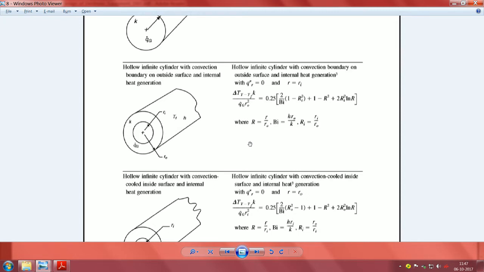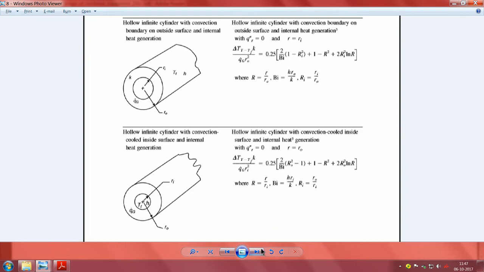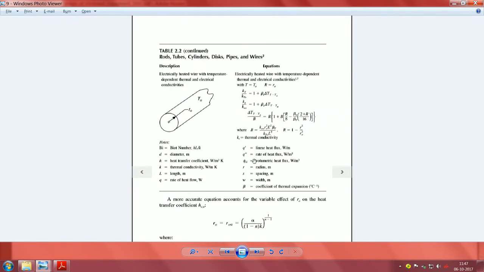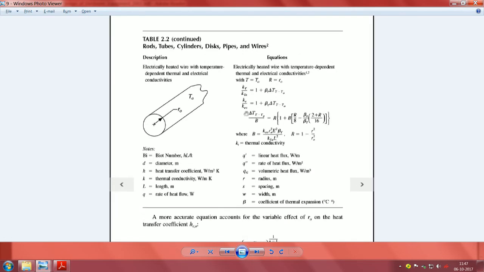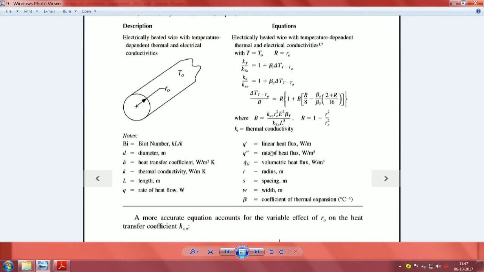So, you can see how it goes, and if you know that, the isothermals can easily be plotted from here. Oh, we have this beautiful electrically heated wire with temperature dependent thermal and electrical conductivity. You have seen this.